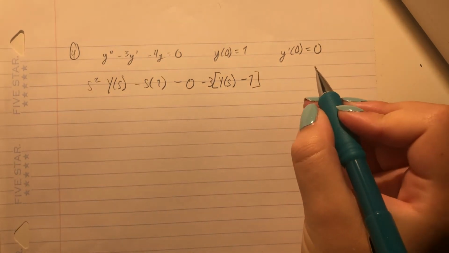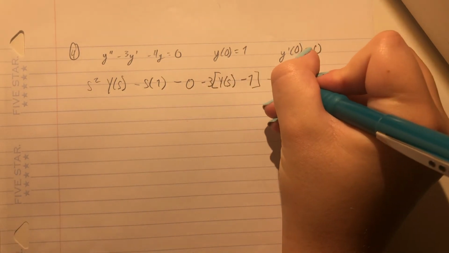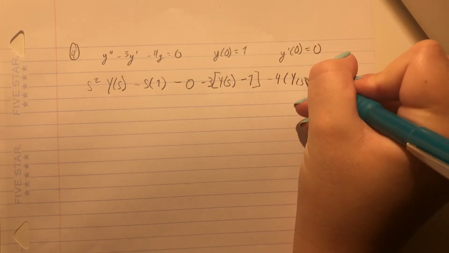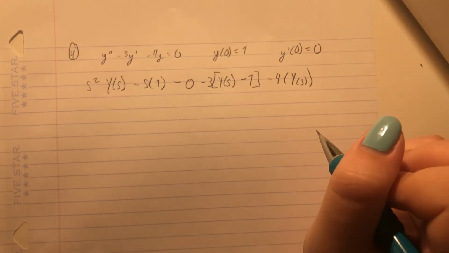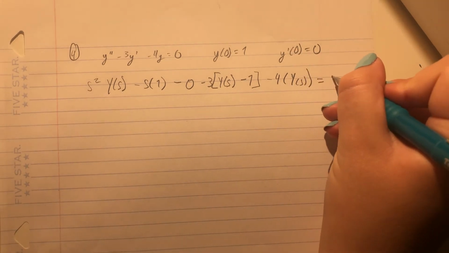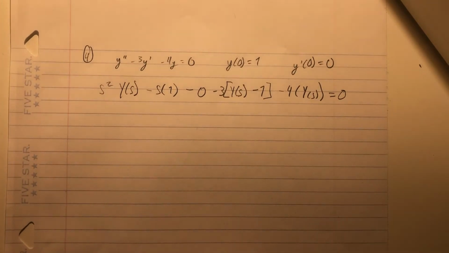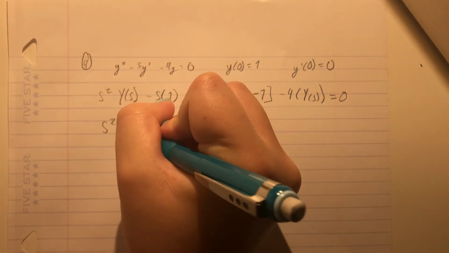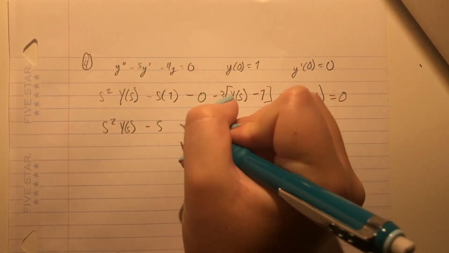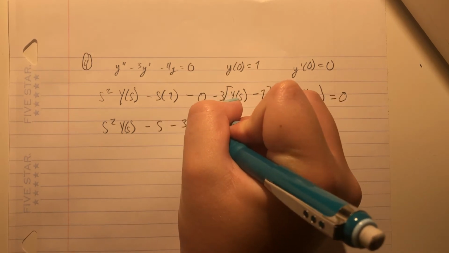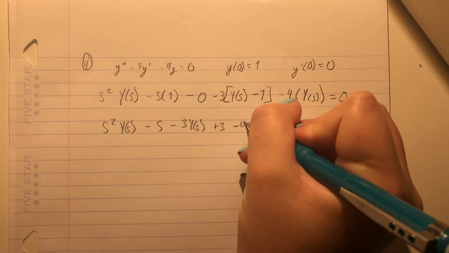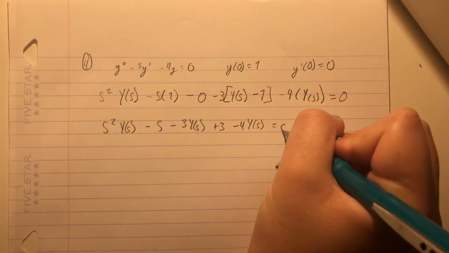And then it is minus 4 capital Y of s equals 0. And then I'm just going to expand this out. So we have s squared Y of s minus s minus 3 Y of s plus 3 minus 4 Y of s equals 0.